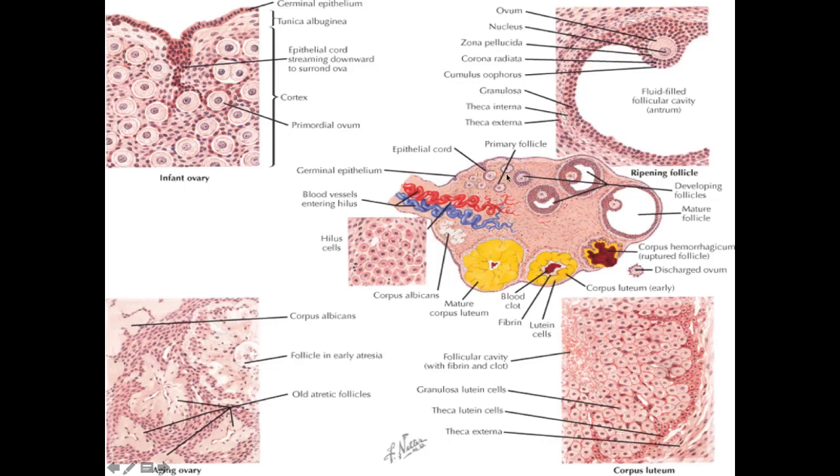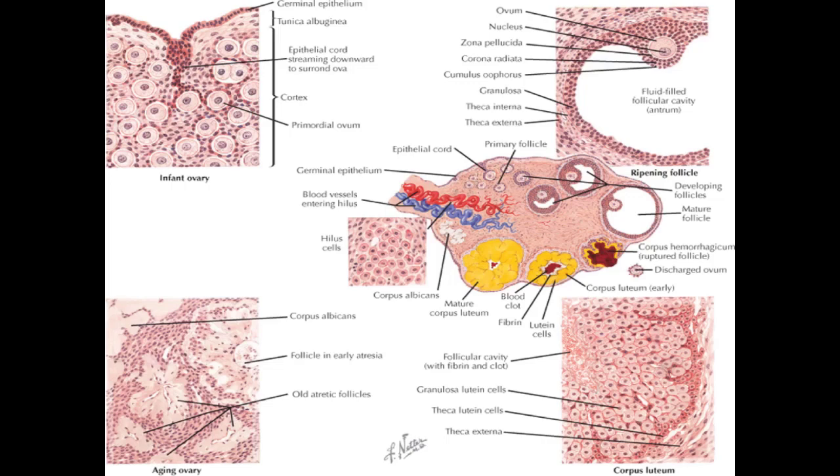Follicles with oocytes can be found only within the cortex of the ovary, which is superficial. So it is located between the tunica albuginea and the medulla. These two regions are not usually distinctly divided.